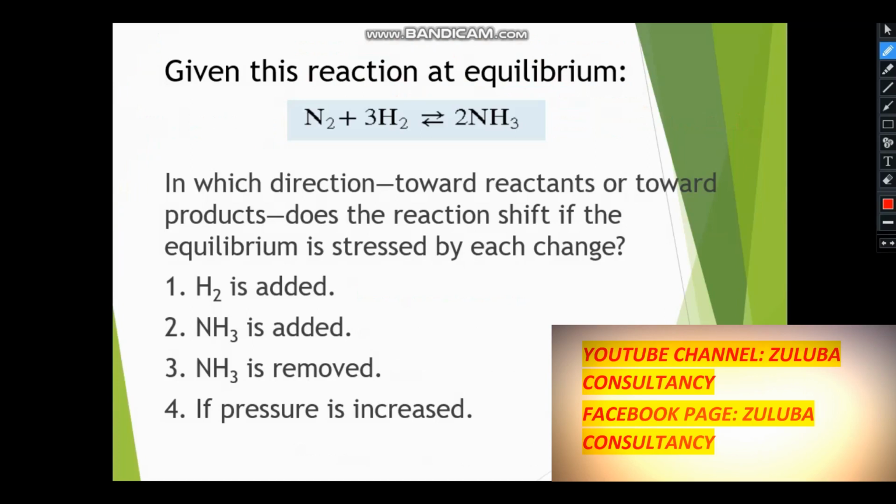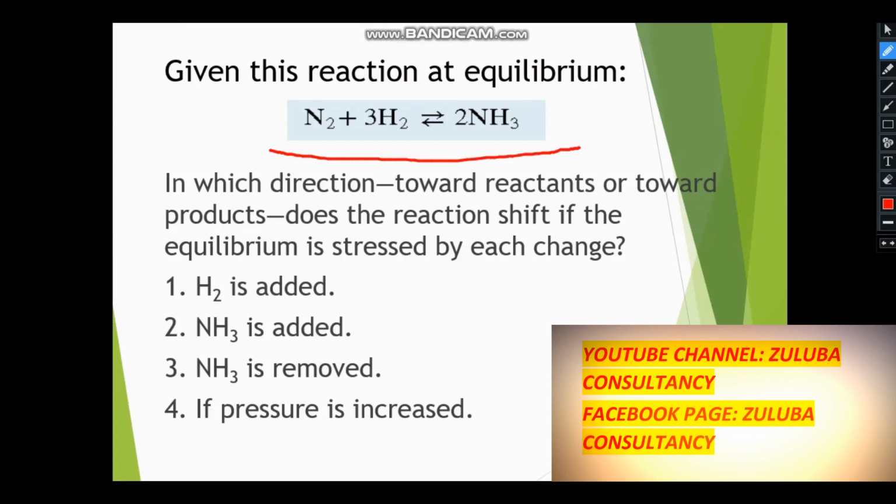The question reads: given this reaction at equilibrium, in which direction, toward reactants or toward products, does the reaction shift if the equilibrium is stressed by each change?